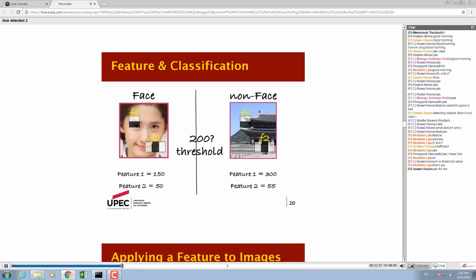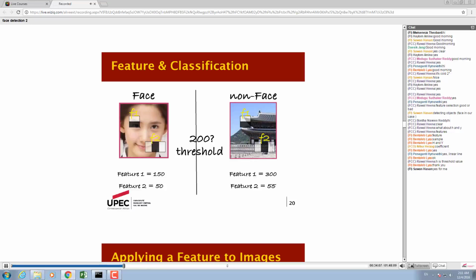So for every feature, to calculate the error, what we have to do is to make one weak, simple, single classifier of this feature. So for every feature, we construct a weak classifier. Okay, then how? Again, as we have already discussed, we need a threshold.